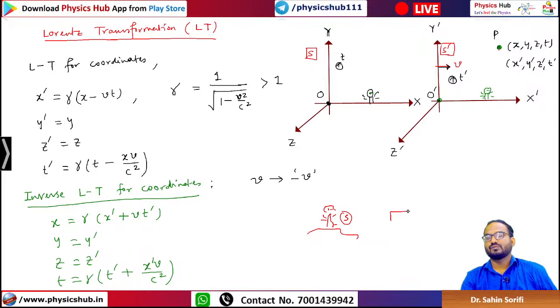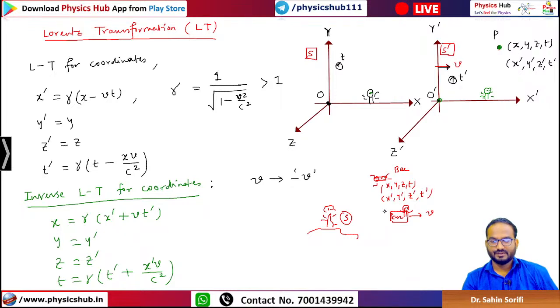Your friend is moving on a bike or a car, let's say, with speed v, and is inside the car. Both of you are looking at the motion of a bee. You will see the coordinates as x, y, z, t. And he will see the coordinates as x prime, y prime, z prime, t prime.